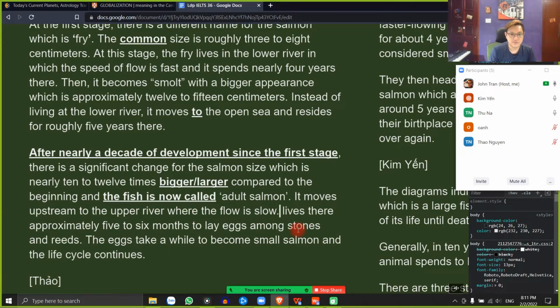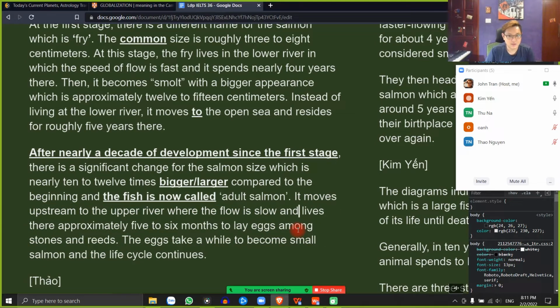You want to eliminate this one and then and, okay. And lives there. Okay, and lives there approximately 5 to 6 months to lay eggs amongst them and read. Now it makes more sense. Nghe kết nối hơn hẳn luôn á. It makes more sense. It looks much more connected now.